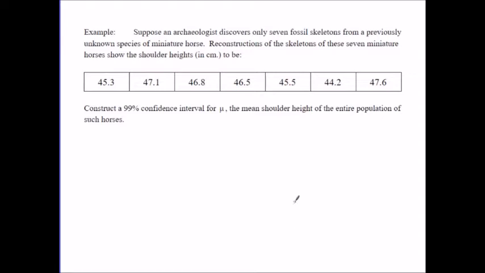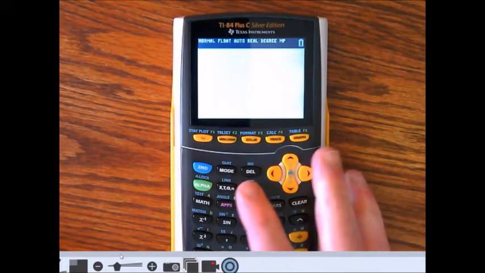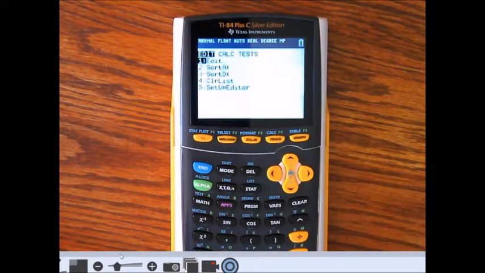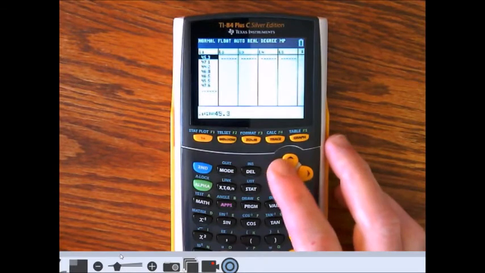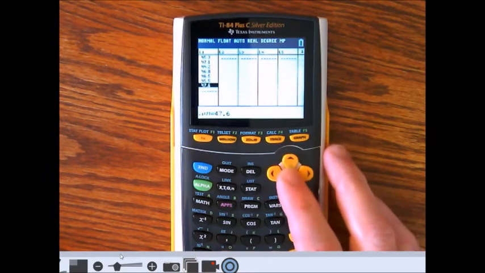In order to do this, we need a sample mean, we need a sample standard deviation, and again, we're looking for a 99% confidence level. So what I would do is go to Stat, Edit. I've already inputted all of the heights of the miniature horse fossils, so there are 7 of them.